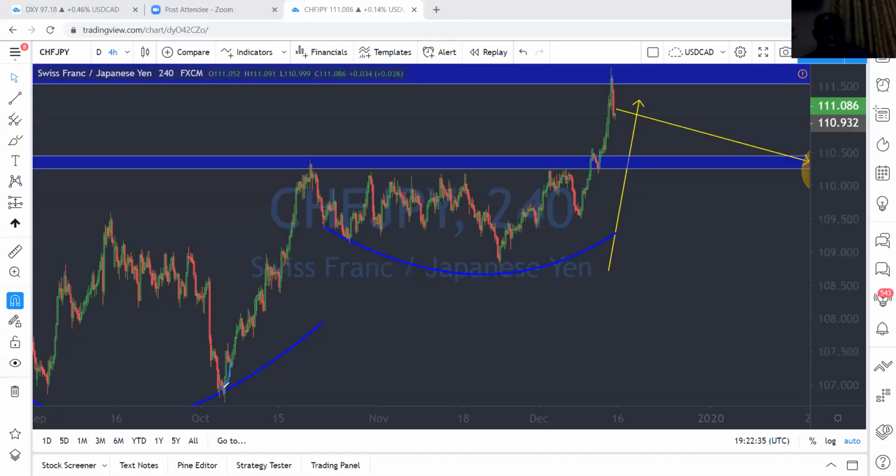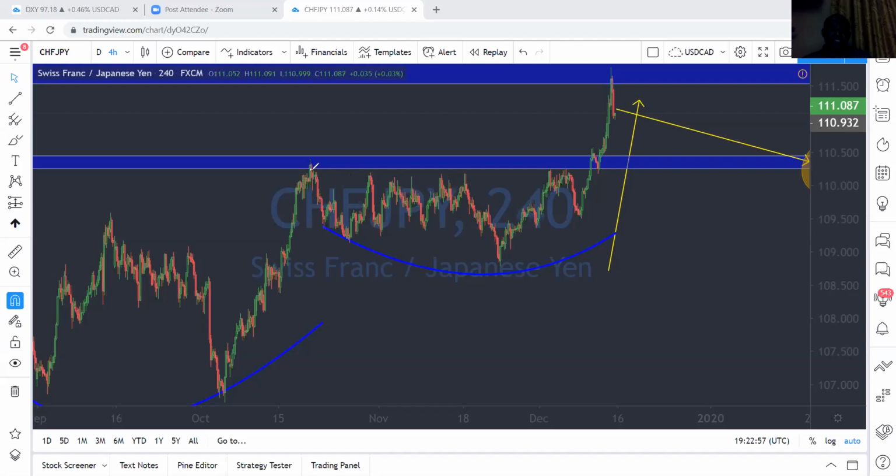You have this move here. Okay. Now, you see this down, down, up, up. 1, 2, 3. What is this? This is a complex B correction, guys. Complex B correction. Let's draw it well.